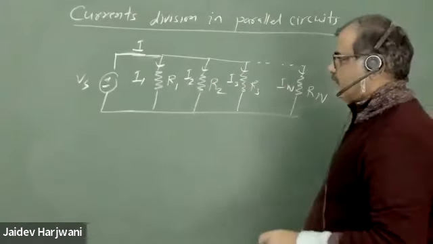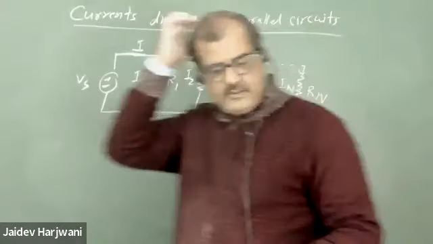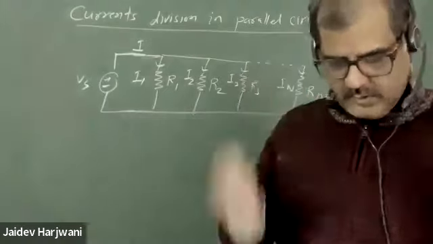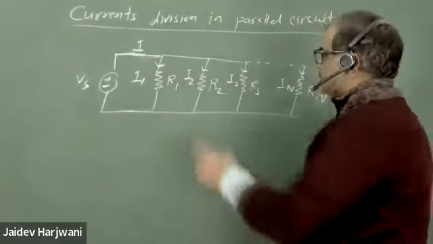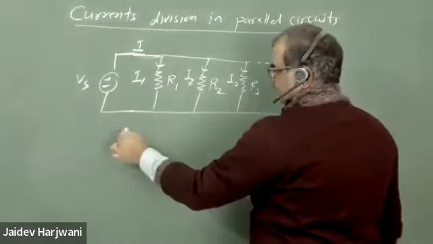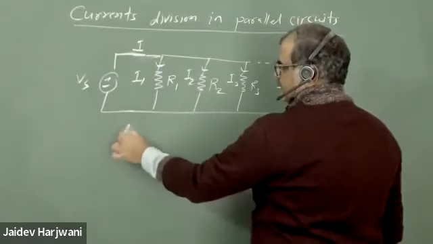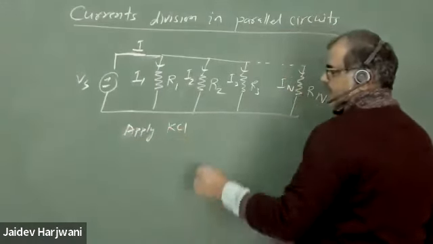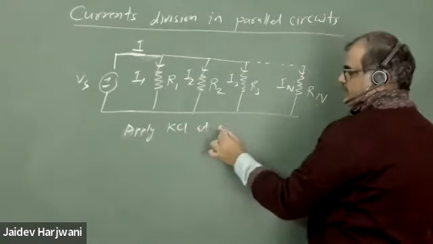And how many nodes are there in the circuit? One node. Okay, so this is the one node. So apply KCL at the node.